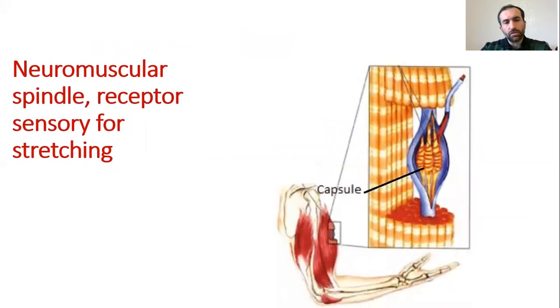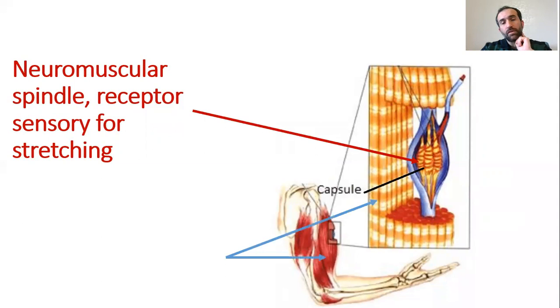This receptor is called the neuromuscular spindle, which is the sensory receptor for stretching. This receptor is found inside the muscle, inside a capsule. This capsule divides the muscle into two parts: the fibers that are outside it and the fibers that are inside of it.